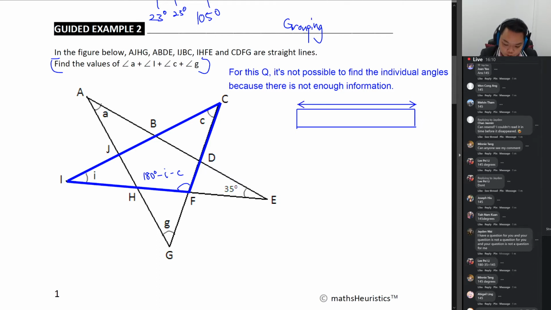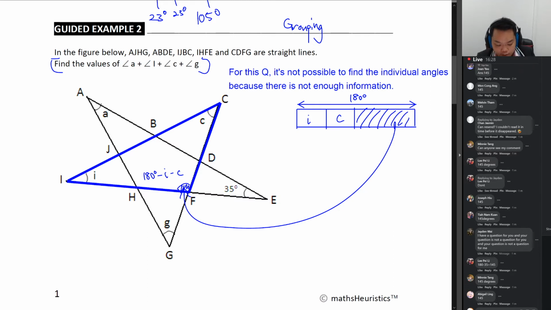The whole bar here is 180 degrees. You take away angle I, and you take away angle C. Correct? And you're left with this shaded region. This represents this angle here. Okay, all of you getting it?